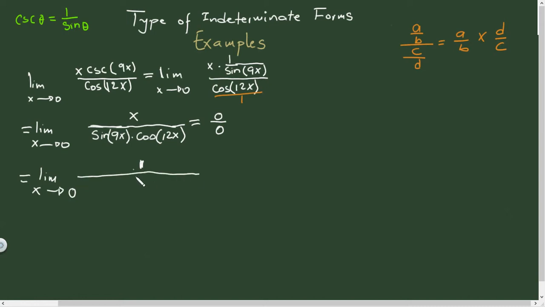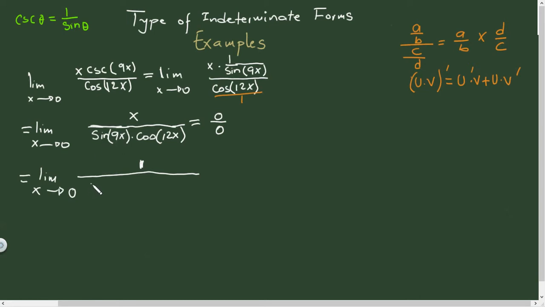Now we're taking the derivative of the denominator. This is a product, so we're going to use the product rule: u prime times v plus u times v prime. The derivative of sine 9x uses the chain rule.